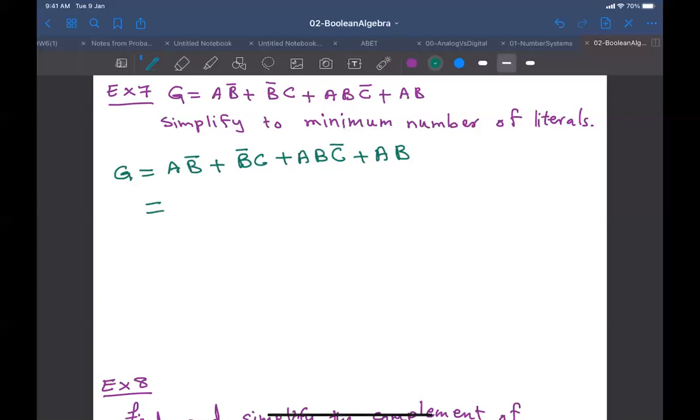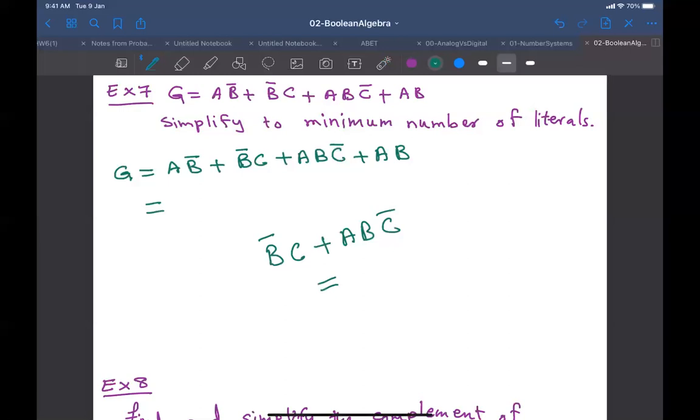Come on, guys, ideas. We can get rid of C complement. C complement, this one? Yeah, because we have C, B complement C, ORed with... So you're saying that B complement C ORed with A, B, C complement turns into what?